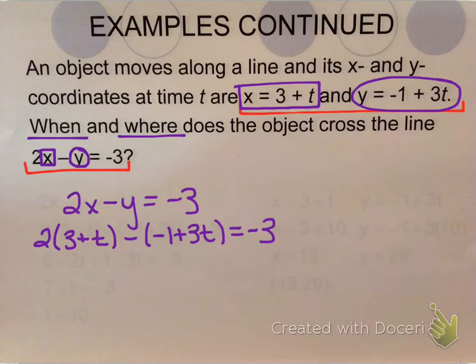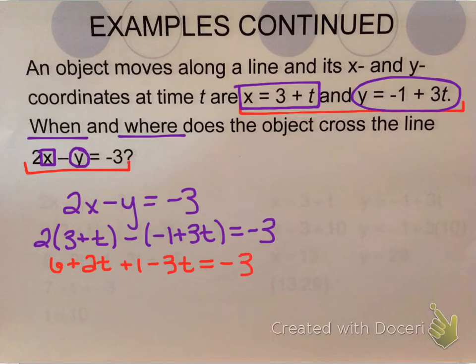I'm sorry, I forgot to remind you to pause the video, so hopefully you paused it and you took a second to do your simplifying. Hopefully what you did was you distributed the 2, so you got 6 plus 2t. And then you need to make sure you distribute that minus sign, so it becomes plus 1 minus 3t, and it's equal to negative 3.